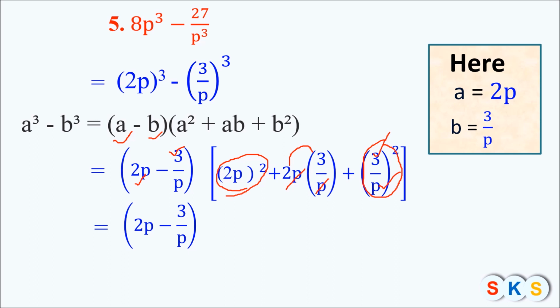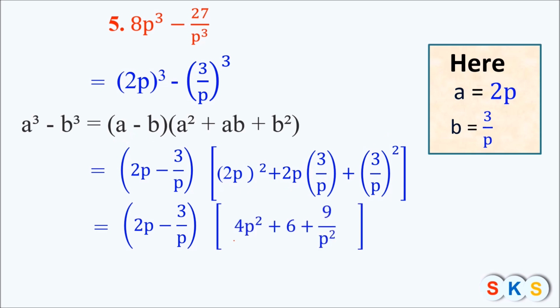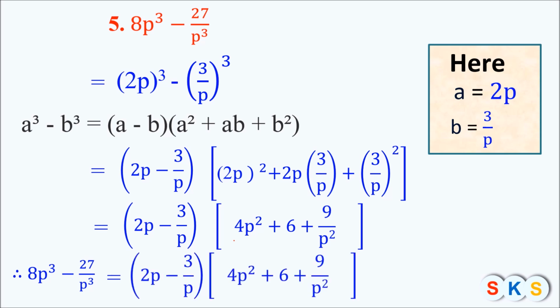Let's see what we will get after solving the second bracket. So here we will get 4p square plus 6 plus 9 upon p square. Okay, so now it cannot be simplified further, therefore 8p cube minus 27 upon p cube is equals to 2p minus 3 upon p into 4p square plus 6 plus 9 upon p square.